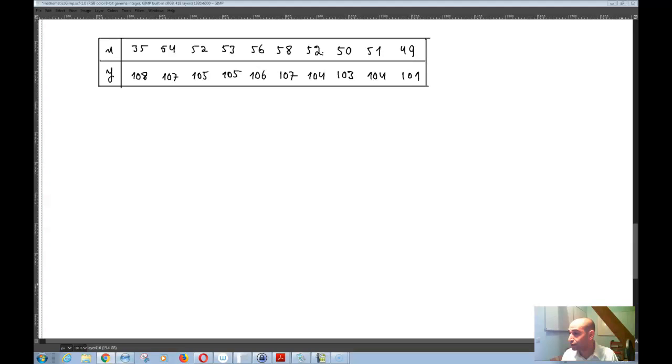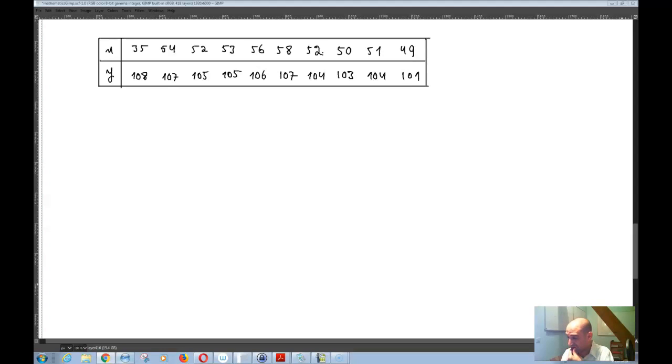From the prices of shares X and Y below, find out which is more stable in value. So the answer is the prices of the shares X are basically 50, 35, I see, 54, 52, 53, 56, 58, 52, 50, 51, and 49. The number of observations is 10. The following table is obtained corresponding to shares X. So we have X of i minus X bar.